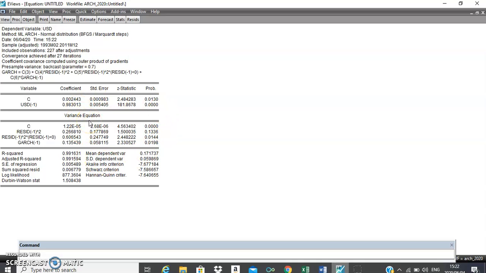Now pay careful attention. The first thing that we need to identify here is whether the coefficient estimate is different from 0. Remember from the theory, this is the coefficient of interest. Remember from that equation where we have gamma times mu t minus 1 squared, and gamma takes a value of 1 if mu t minus 1 is less than 0, and it takes 0 otherwise, as per the theoretical conditions.